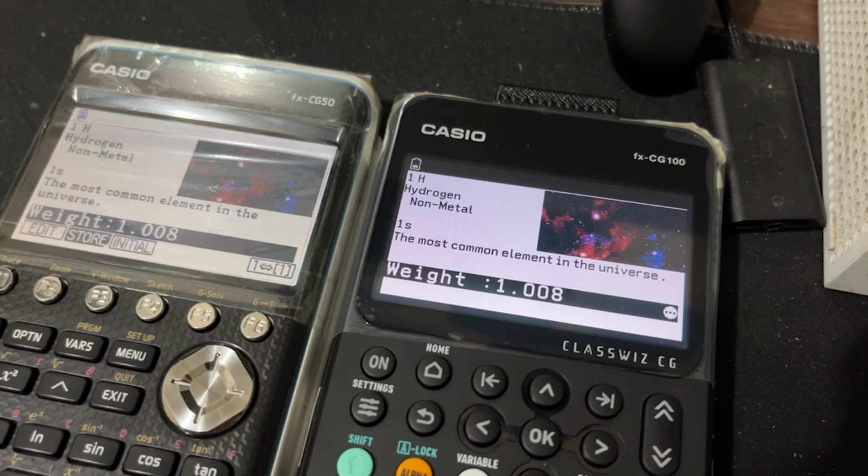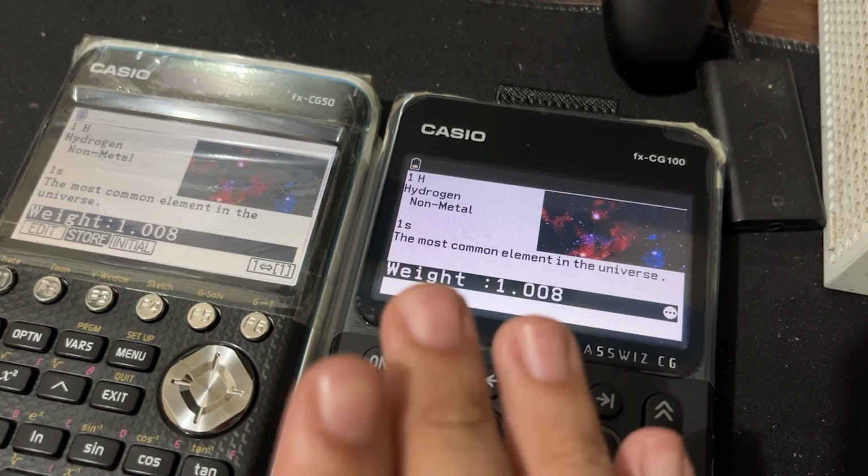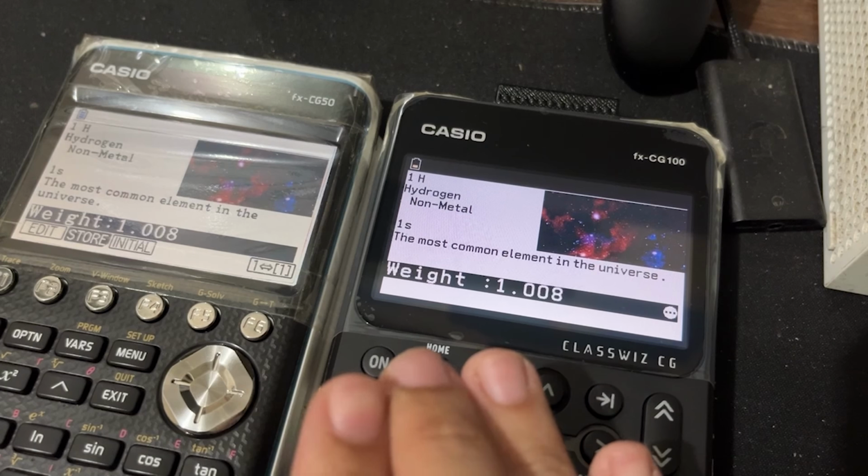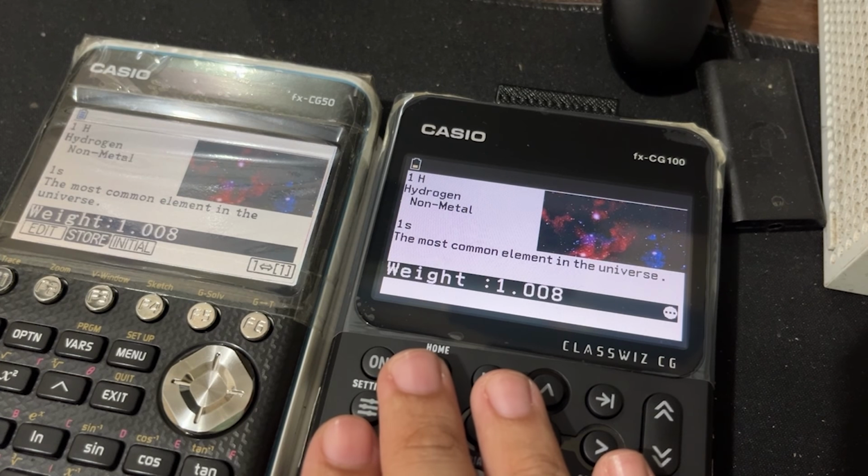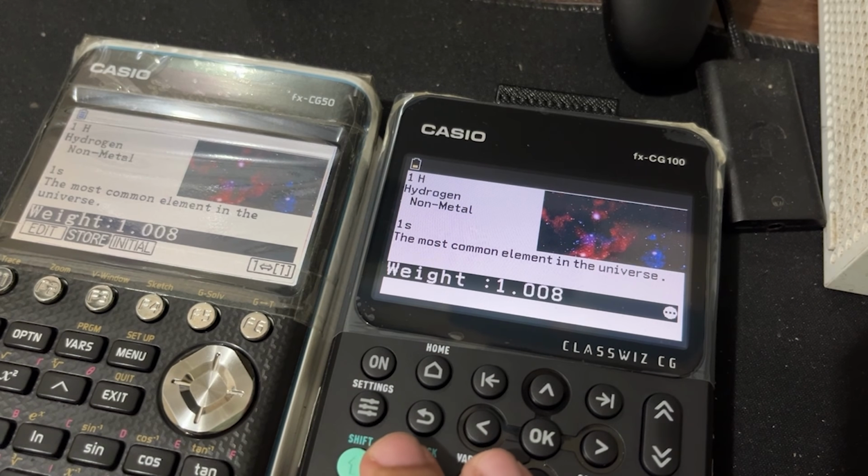Let's see after samples. Hydrogen, the most common element in the universe. You can't breathe without oxygen. That's how that works.